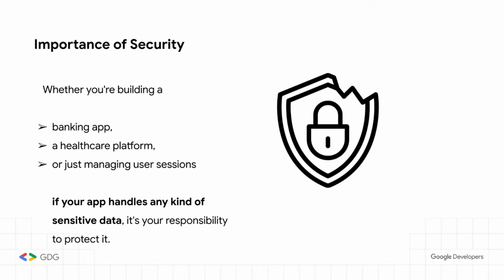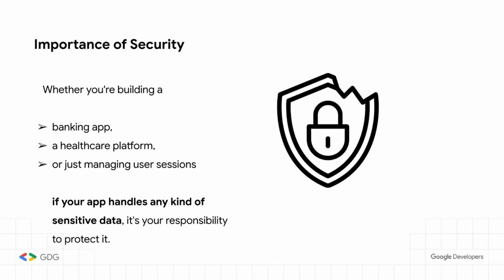Now, when we talk about security in a banking app, this has to be a top priority. Let's say we are having a banking app. Any kind of data inside can have a lot of consequences if it's exposed, not just the user profile.